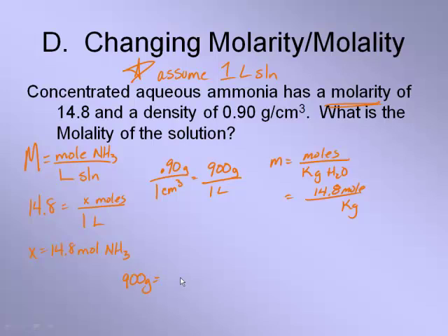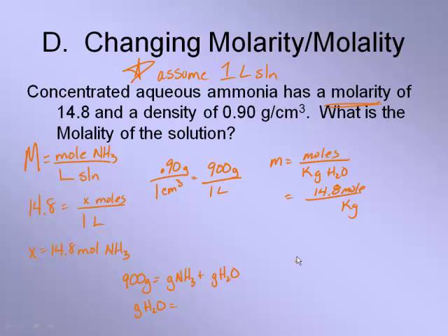900 grams is equal to grams of NH3 plus grams of H2O. I don't have either of these. I want to find the grams of H2O.